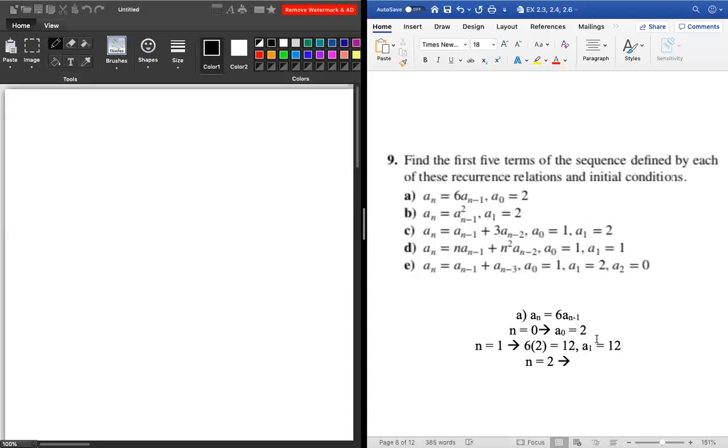Okay, so this is a_0 equals 2, a_1 equals 12.